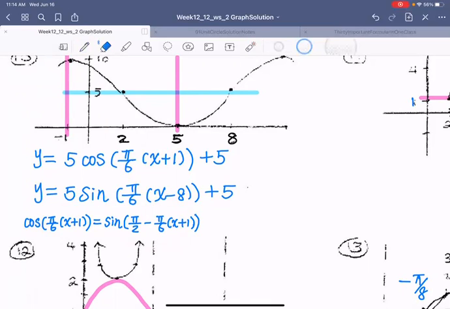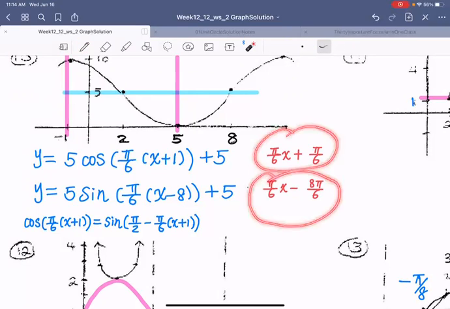No? Hold on. Let me draw something here, okay? This is pi over 6 times x, and this one is pi over 6 times x minus 8 pi over 6. So these two have a difference of who?